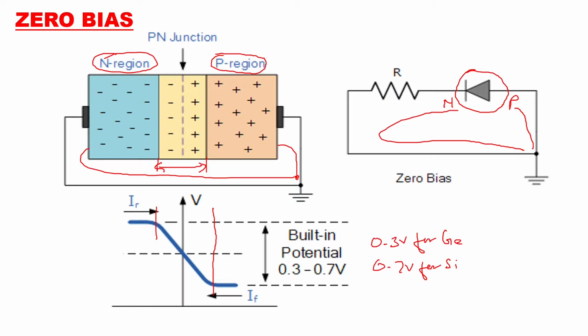Now what happens in zero bias condition is, say for example here you have your p-type and n-type material. Say this is your p-type material, and here you are having your depletion region, and here you will be having your n-type material.